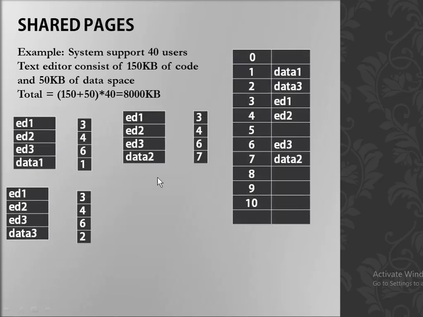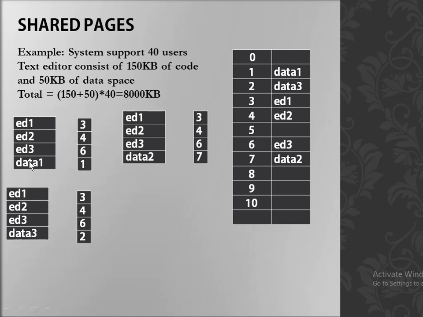Take this example: we have 3 users and that text editor part, the 150 KB of code, is common to all 3 users. So in main memory, ed1, ed2, ed3, that is the text editor code, is similar for all, so this space will be shared among all these processes.